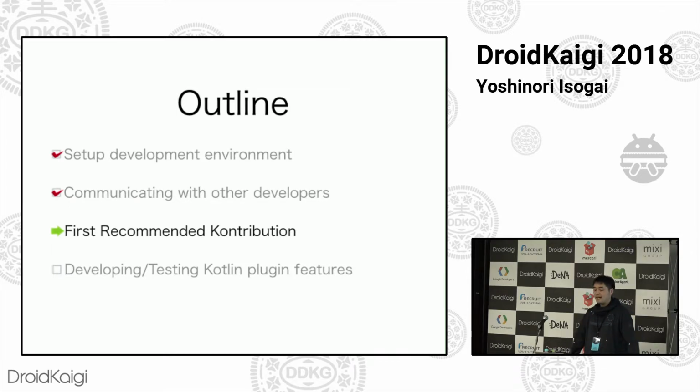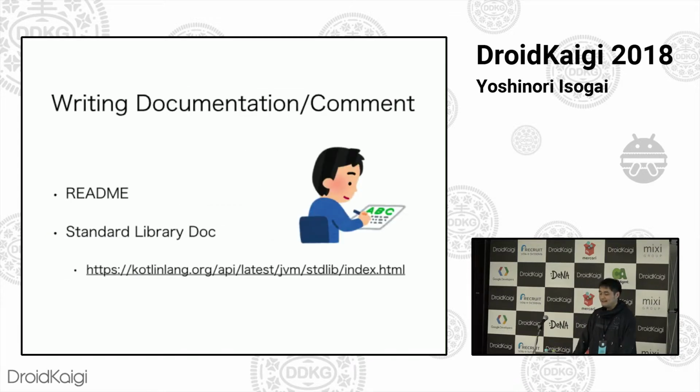Okay, so I gave you all the information that is necessary for contribution. Now, let's start working with the actual Kotlin project. There are 2 recommended ways to start contributing to Kotlin. Writing documentation is one of the best ways to start contributing to Kotlin. Actually, changing the README was my first commit. I changed the URL of the public issues uTrack.